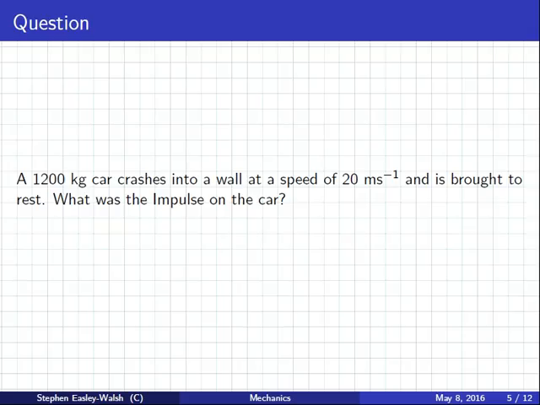Yep. Or if we use our prefixes, what's kilo? Nobody says kilo. Come on. What's the prefix for 10 to the power 6? Mega. Thank you. It's 24 mega gram meters per second, or 24,000 kilogram meters per second.